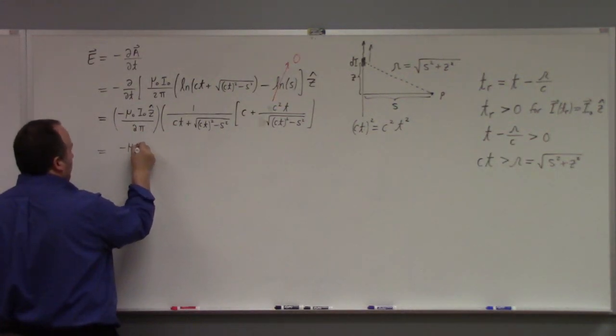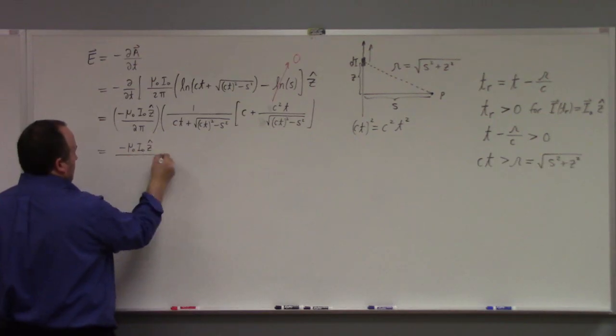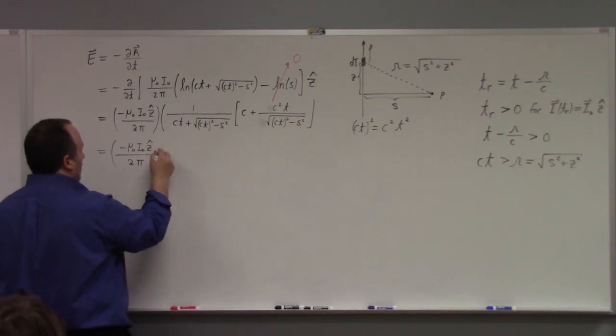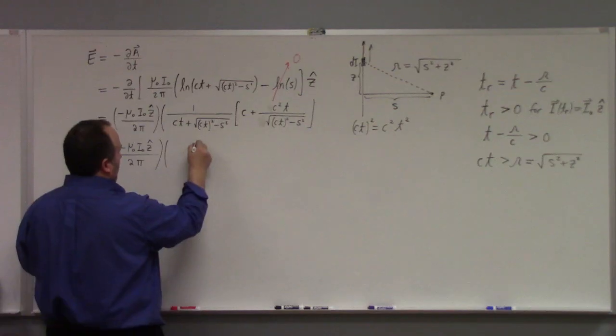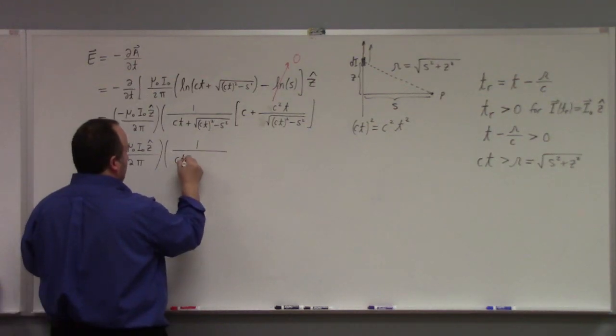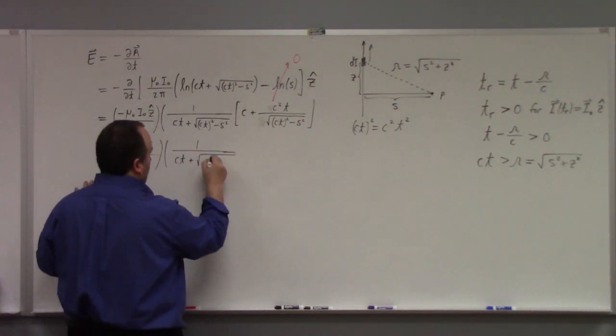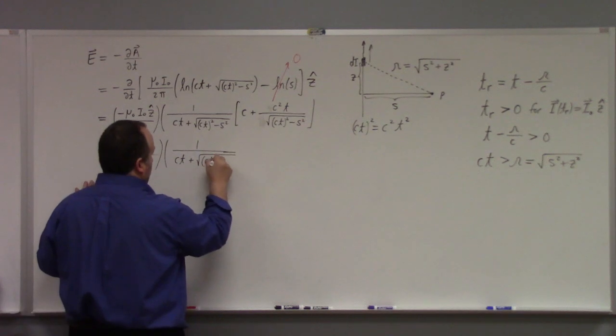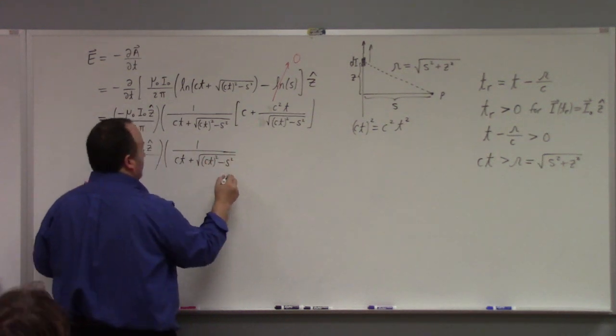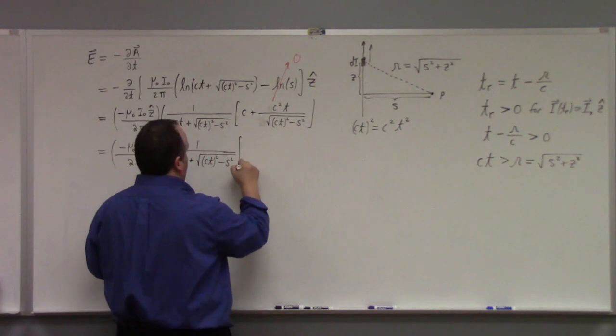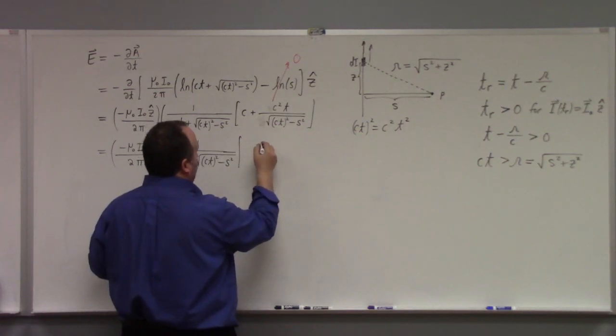Minus mu naught I naught z hat divided by 2 pi, 1 over CT plus the square root of CT squared minus S squared, right?